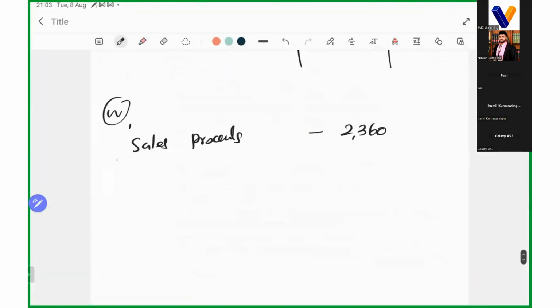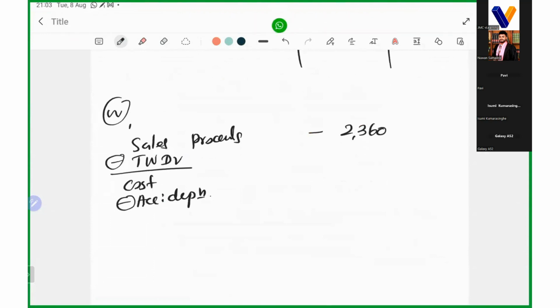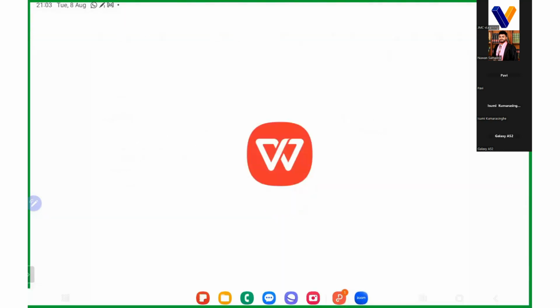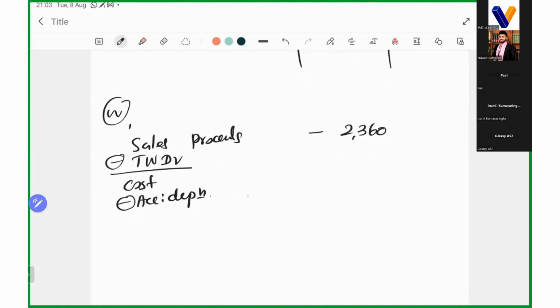Then, yes, you have to deduct what? Tax written down value. How can you calculate the tax written down value? Cost minus accumulated depreciation. So the cost is given, 2,750.